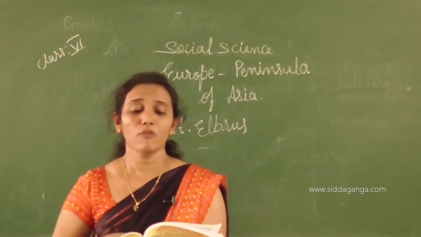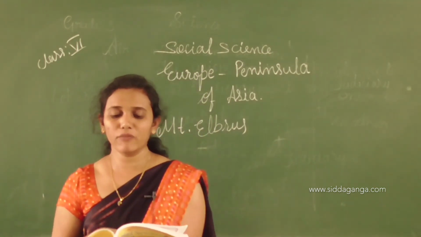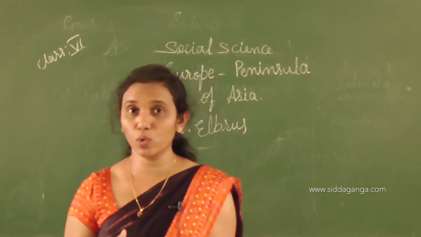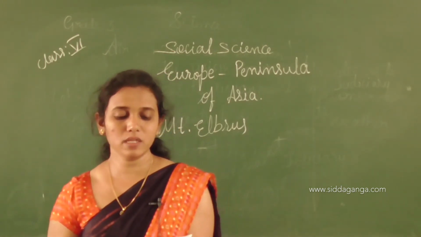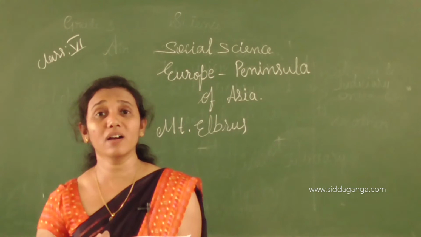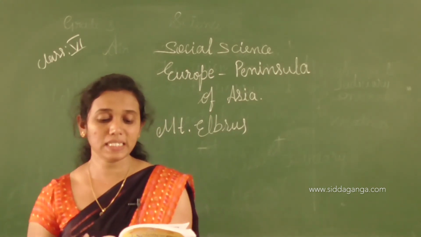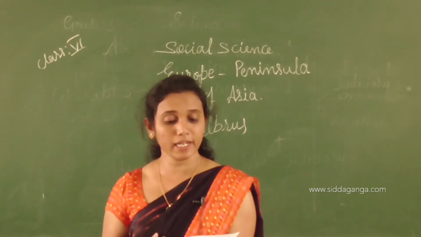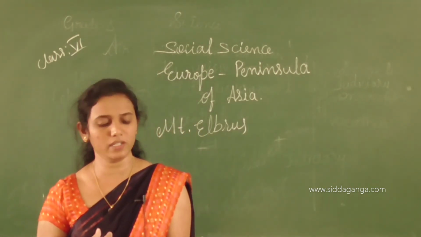Next we see here farming, dairying and fishing. Farming, agriculture is still a very important occupation in Europe even after industrialization. The continent is fortunate in having a vast level, fertile and well irrigated land, children. The climatic condition is also favorable for agriculture, children.